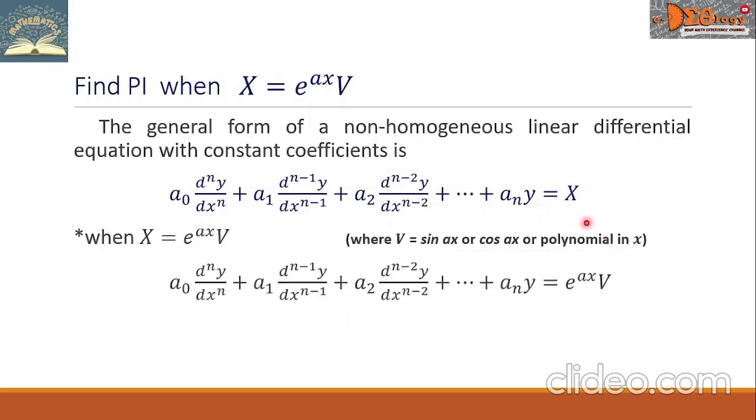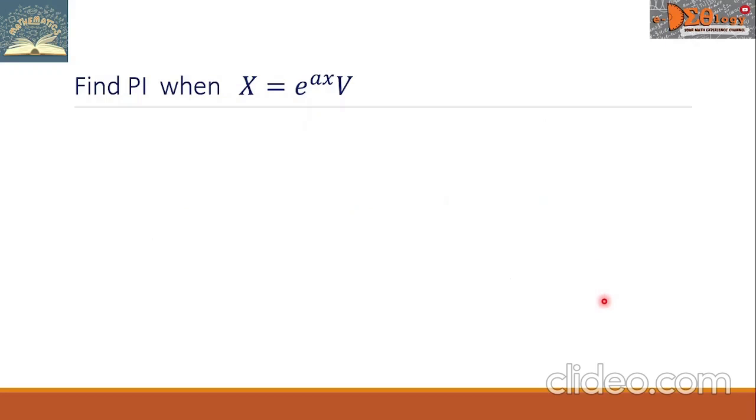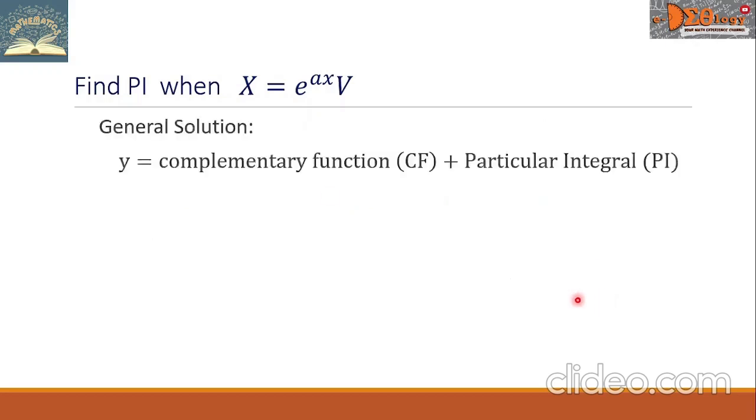So the right side of the equation becomes e raised to ax times capital V. For the general solution, y equals the complementary function, that is CF, plus the particular integral, which is PI.